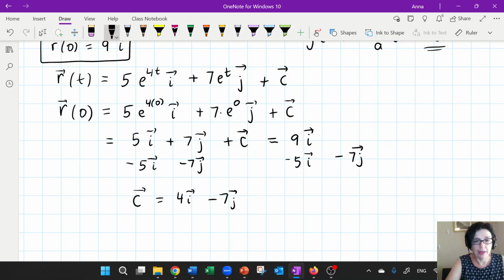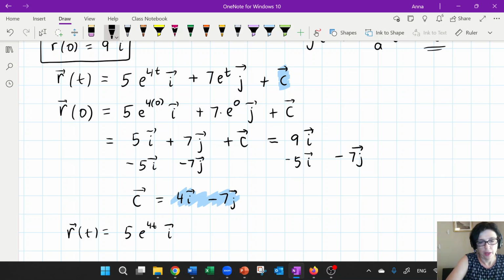We are basically done, except now we have to take the c and plug it back in here, and collect like terms. So we've got 5 e to the 4t i plus 7 e to the t j, plus this vector c, so plus 4i minus 7j.